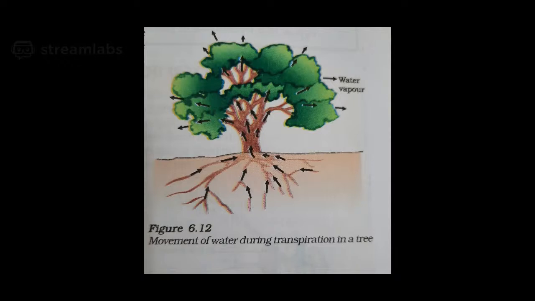Especially it is stored in old xylem, and by dropping the leaves, by dropping the fruits, these are some of the phenomena where the waste will be removed from the plants.